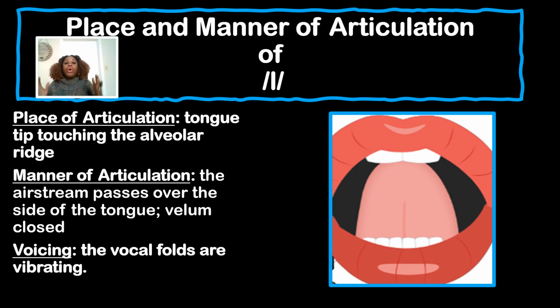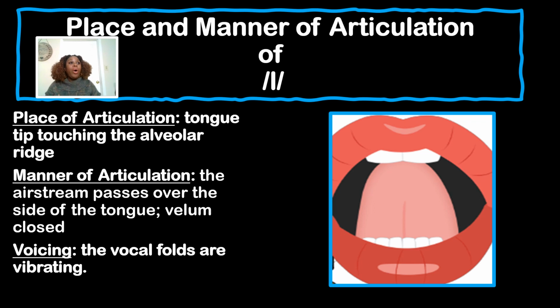All right, so we're going to get into the place and manner of articulation for L. First, let me tell you why I paired these two sounds together. R and L, in our profession, are described as liquid sounds. The reason is that even though they are consonants, they are still made in the same area that vowel sounds are produced.